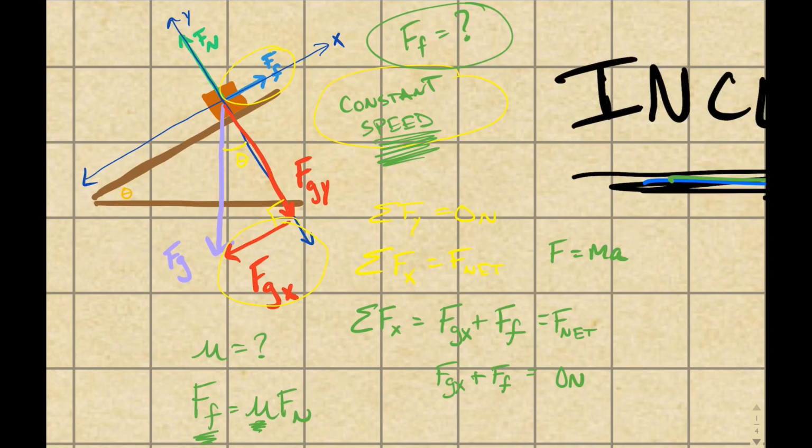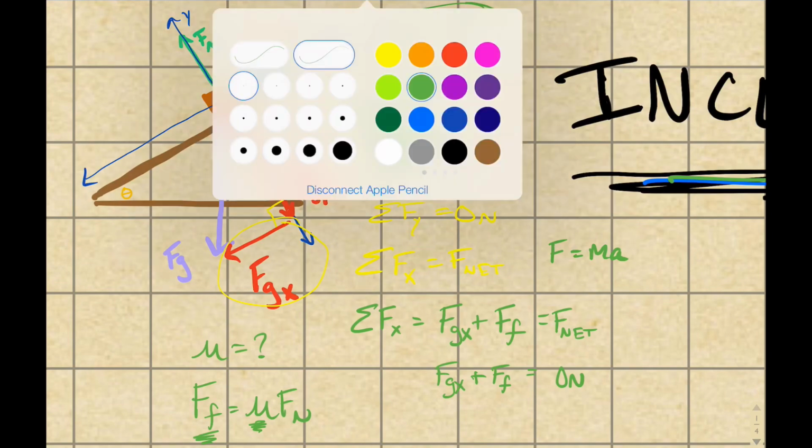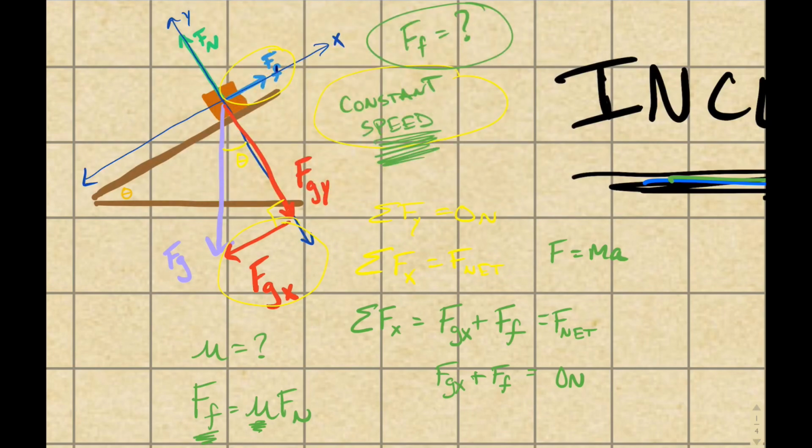This also doesn't have to be a friction problem. Instead of saying friction up here, we could also say that this is some force applied instead, some force Fa. They might say that this force keeps it at a constant speed, or they could say that it's held at rest. Either way, it means it's in equilibrium, and nothing really is going to change about what we do.